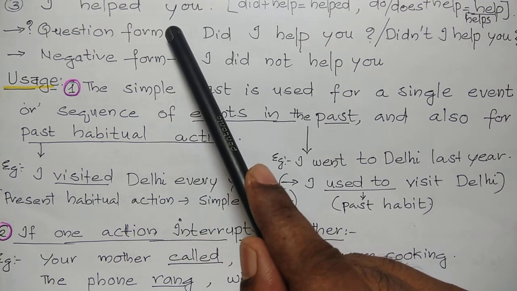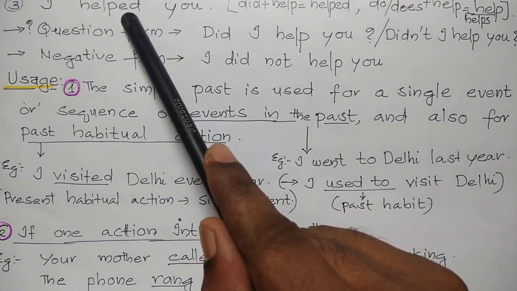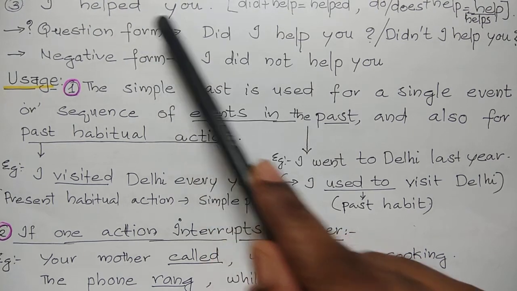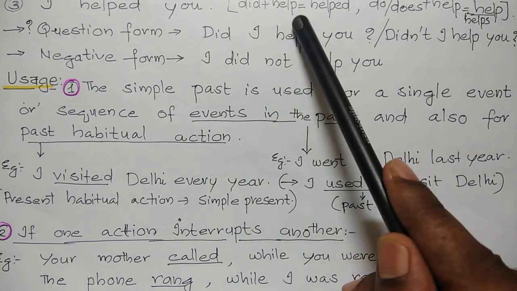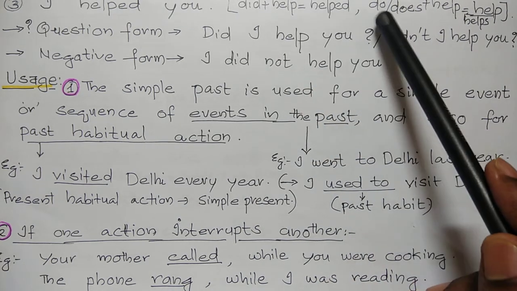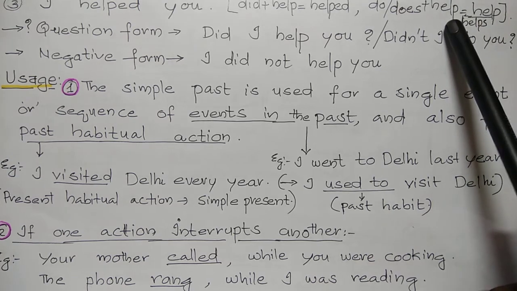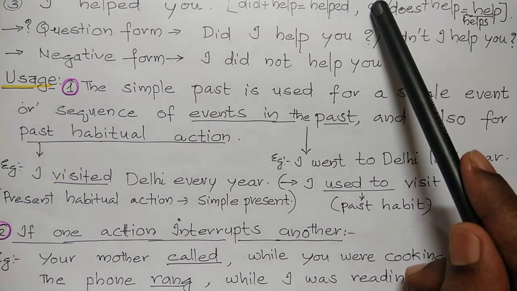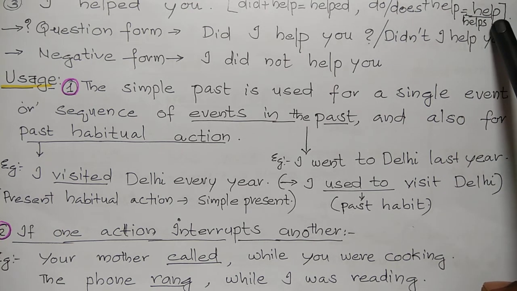I helped you. Here see, if you split this past form of help, that is helped, then we get did plus help. Did plus help is helped. Do or does plus help is help or helps. Does plus help is helps. Do plus help is help.